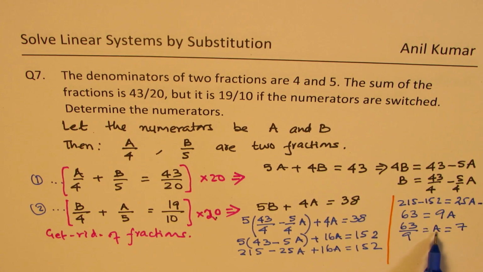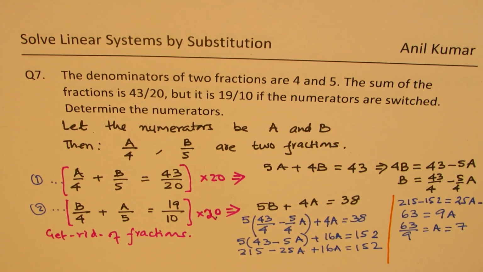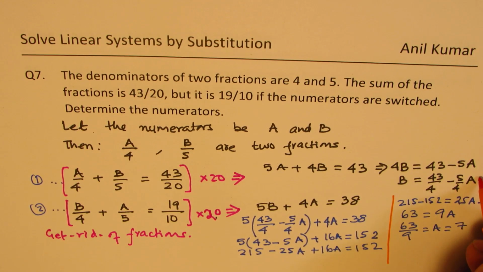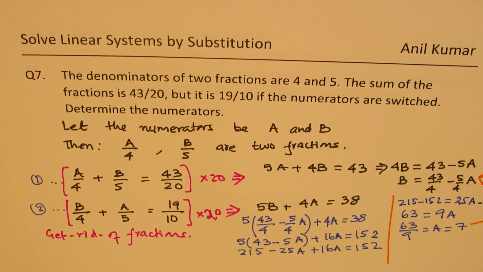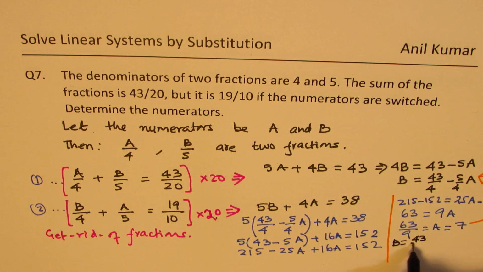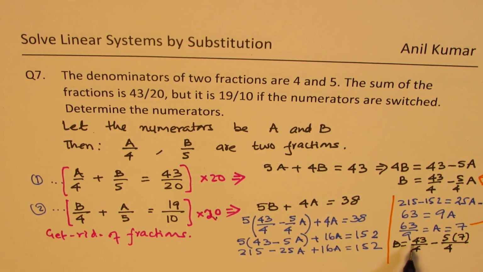Now we can substitute this value of a as 7 and find what b is. So b equals 43 over 4 minus 5 times 7 over 4.